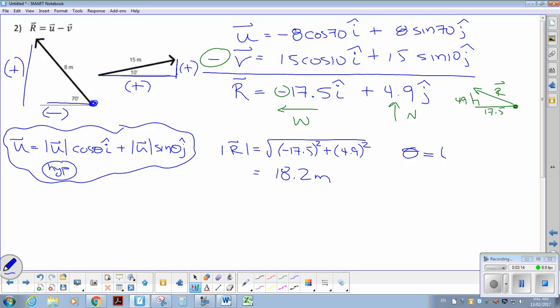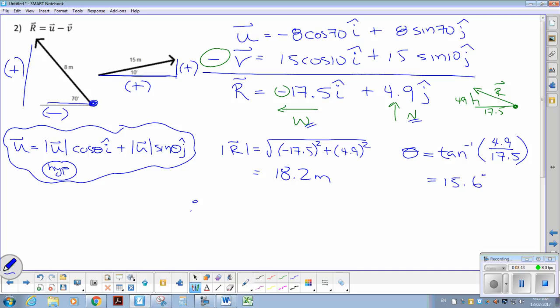The angle is tan inverse, always your y component, 4.9, over the x component. I'm just putting positive values in because I already have my directions. I already know it's west and north, so I'm avoiding the CAST rule. I just want to know the angle with the x-axis. So I calculate shift tan 4.9 divided by 17.5, and I get 15.6 for my angle.